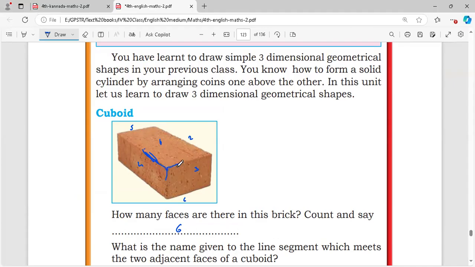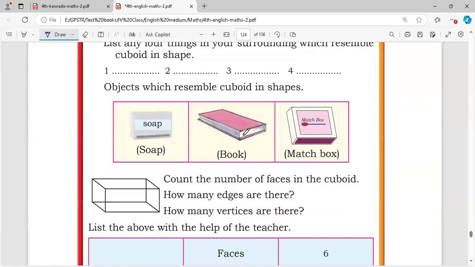This point is called a vertex. This is an edge. This is a face. Face of the cuboid.